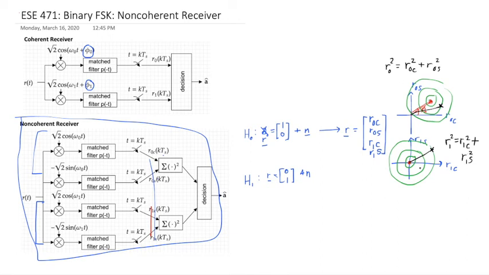From R0 squared and R1 squared, I figure out which is higher. If R0 squared is greater than R1 squared, then I'm receiving more energy at frequency 0, so I'm going to decide H0. And if R0 squared is less than R1 squared, I'm going to decide H1.